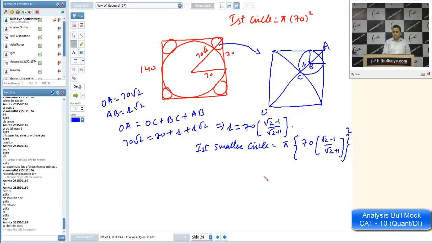So from here we can say that the areas of the circles form a GP, and since this process goes on infinitely, it will form an infinite GP. Now divide this area by the first area, and you will get the common ratio as ((root 2 minus 1) upon (root 2 plus 1)) whole square. Just solve it, and you will get 17 minus 12 root 2. This is the common ratio.